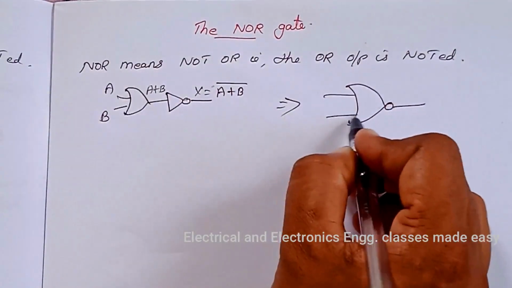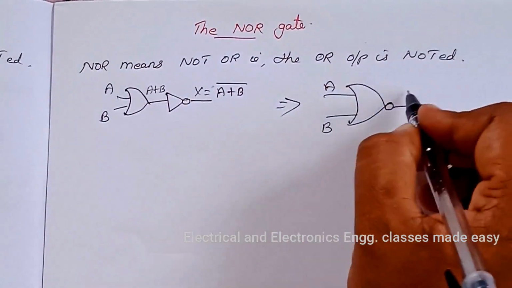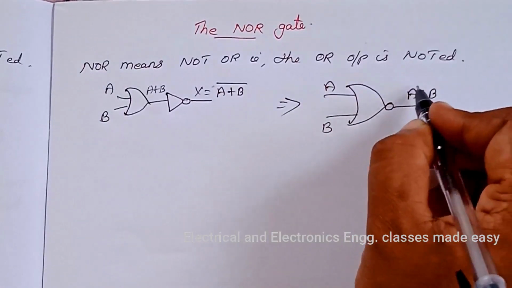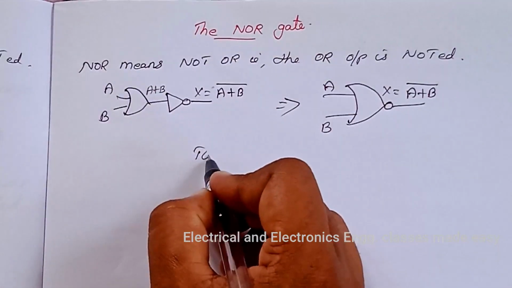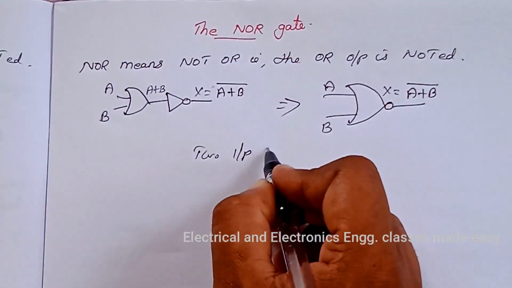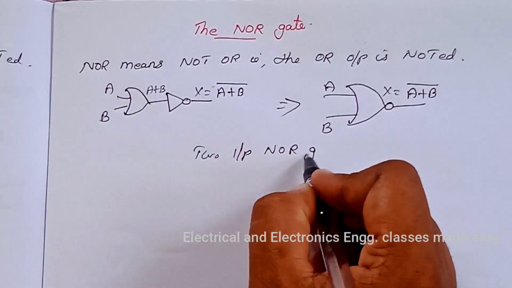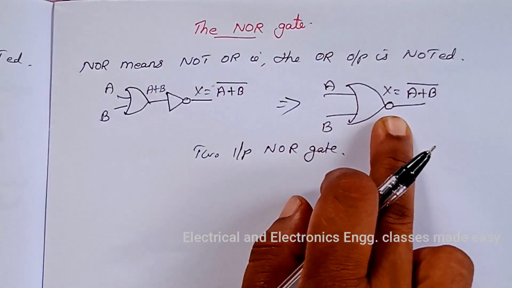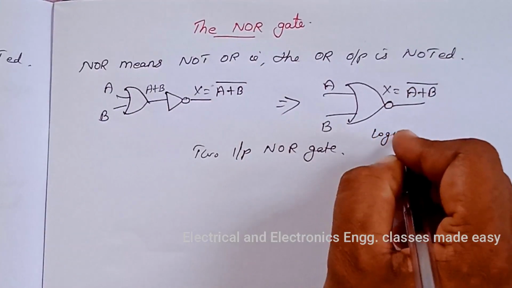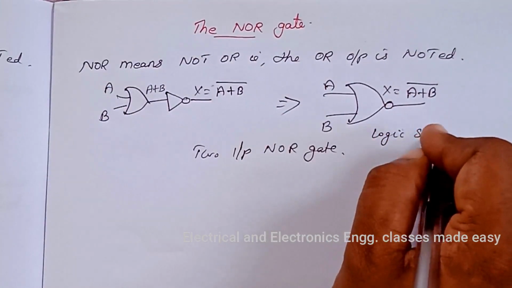That is 2 input NOR gate, x is equal to A plus B the whole bar. So this is the logic symbol of 2 input NOR gate.